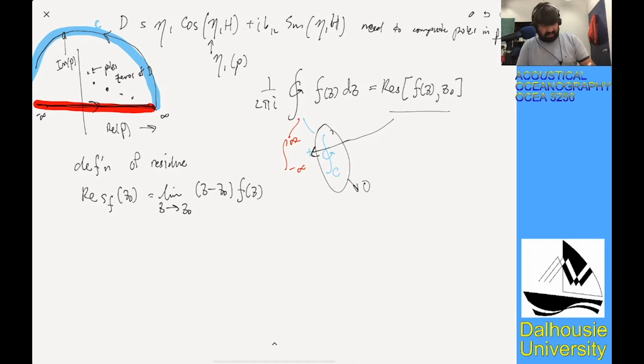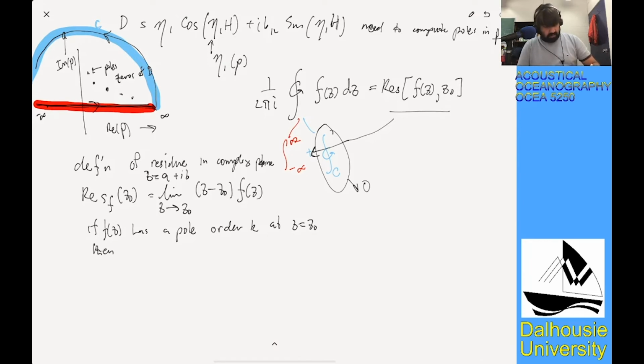Confusingly here, sorry, I should say in the complex plane z equals a plus ib. This is just general here, we're not talking about depth, just in case you're wondering. So if f of z has a pole of order k at z equals z naught.